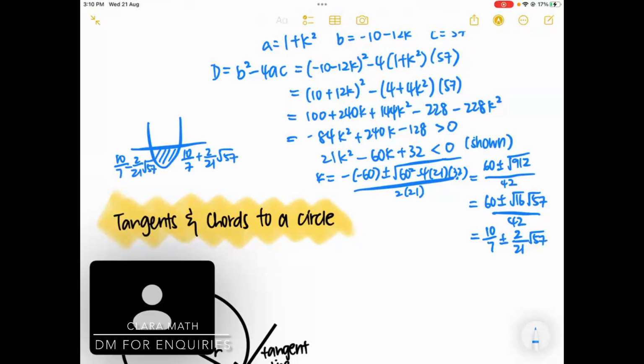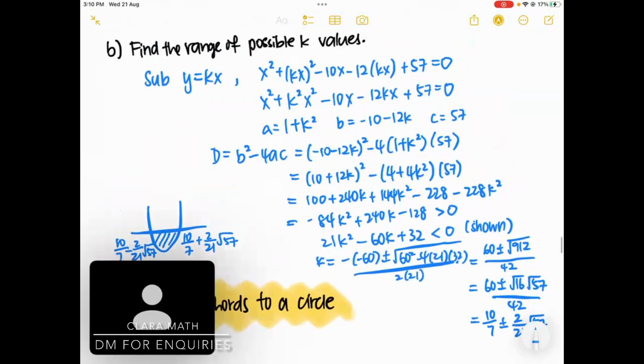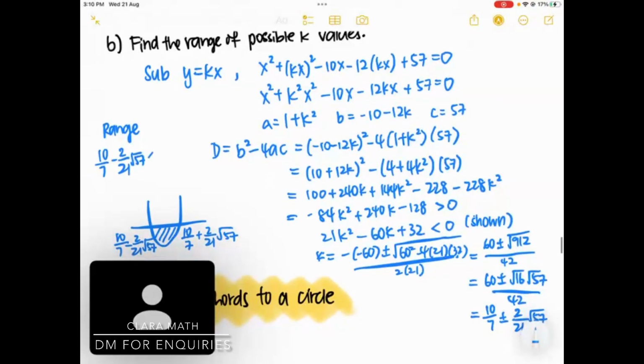Okay, so to be in that region, we need to choose the range. 10 over 7 minus that is less than, let me think, the k here. So k is between these two values, basically.